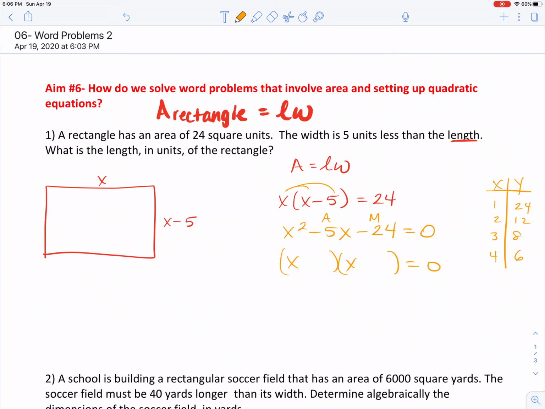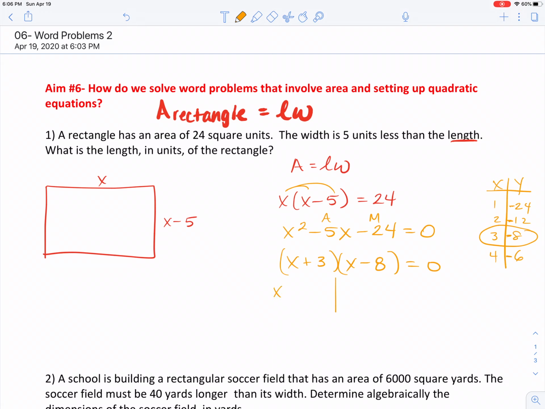It has to multiply to negative 24, so one of the numbers is going to be negative. And I need them to add to negative 5, so the bigger number is going to be negative. And I found my pair of numbers: 3 times negative 8 is equal to negative 24, and 3 plus negative 8 is equal to negative 5. So here are my factors: x plus 3 times x minus 8.